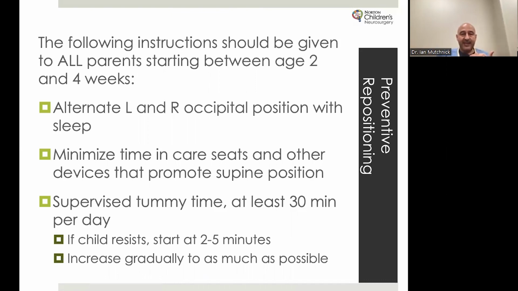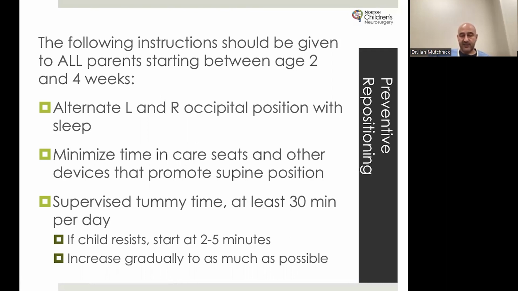Because all kids are going back to sleep, they are going to sleep on their backs. All parents can potentially benefit from getting this set of instructions when their kid is between age 2 and 4 weeks. And that is: alternate left and right occipital position with sleep, minimize time in car seats and other devices that promote a supine position, and make sure they get plenty of supervised tummy time, at least 30 minutes per day.